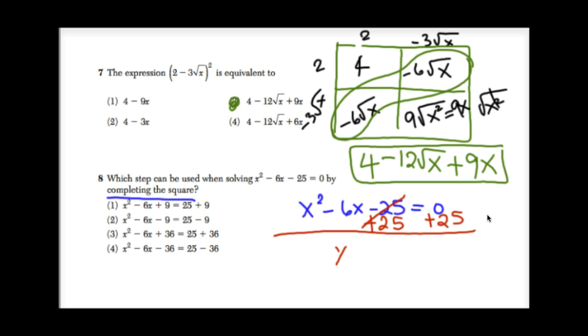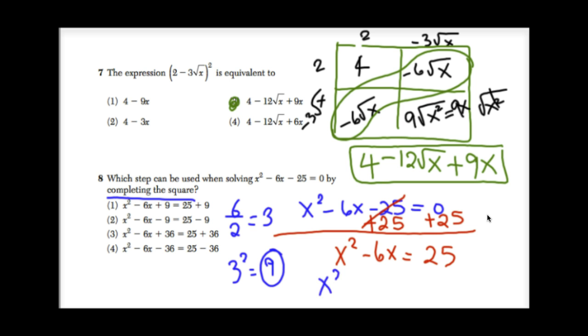That cancels. I'm left with x squared minus 6x is equal to 25. But that's not there. So remember the special thing. I take half of my b term, which is 6. So half of 6 is 3. And then 3 squared is 9. What do I do with this 9? That gets added to both sides.